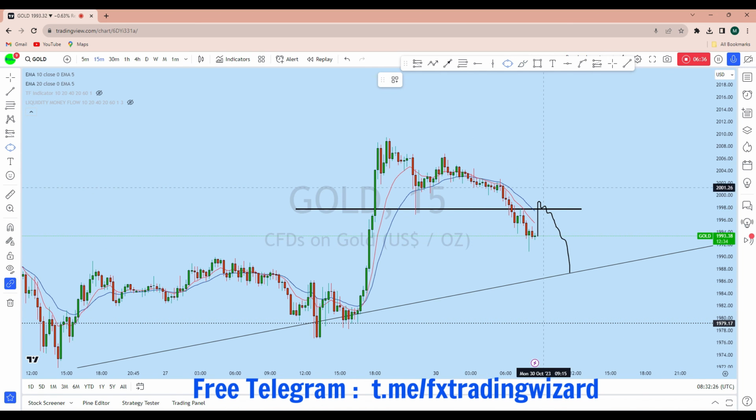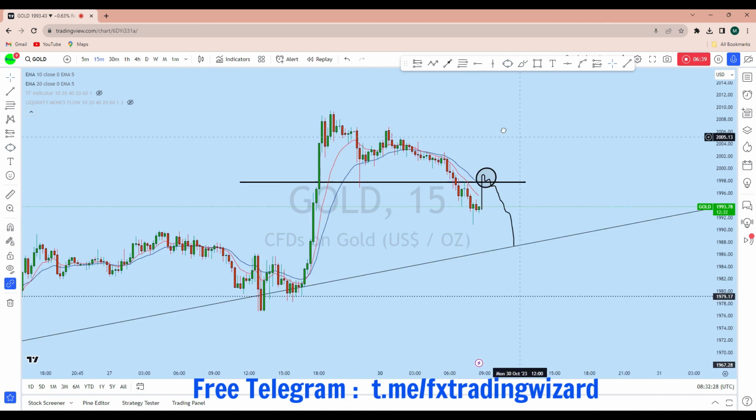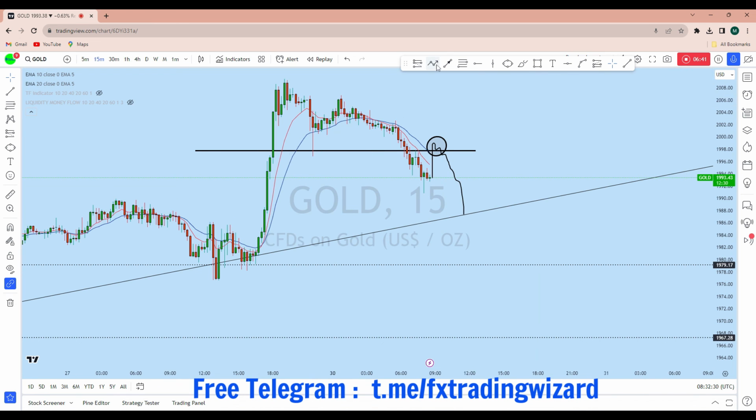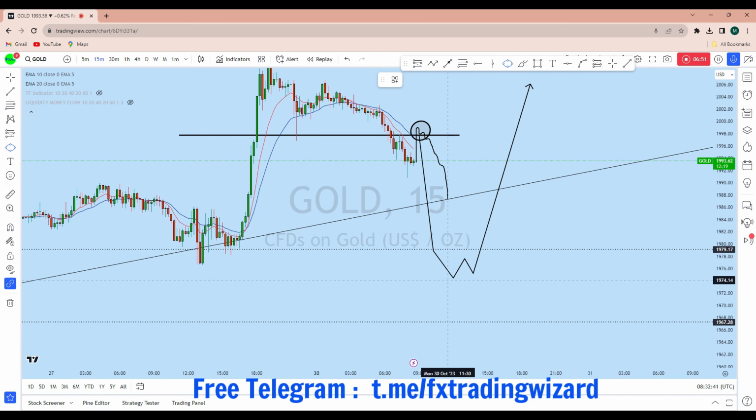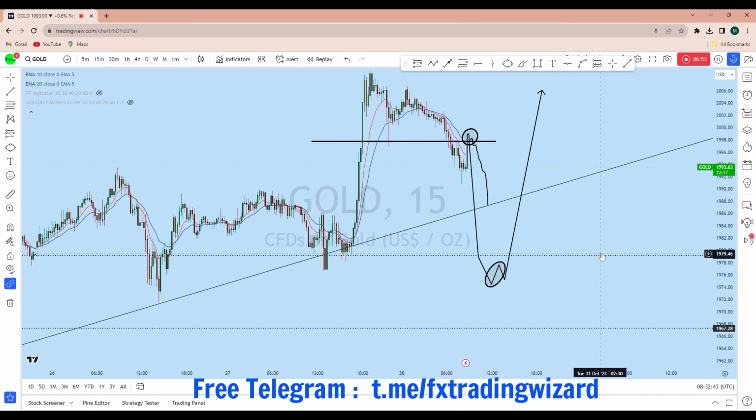So along this zone, we will look for a selling opportunity. On the other hand, if we see that gold has sharply dropped below this level, especially below this liquidity zone, we will look for a buying opportunity towards its long-term uptrending direction.